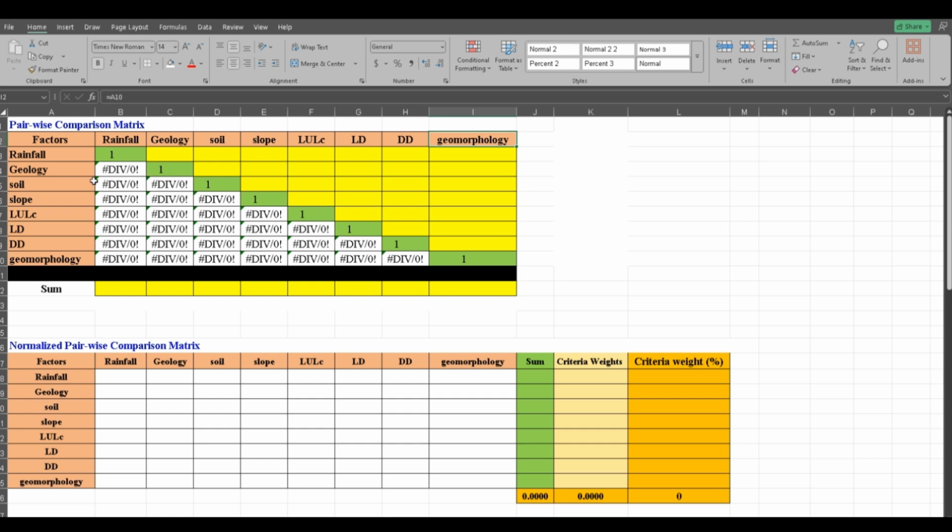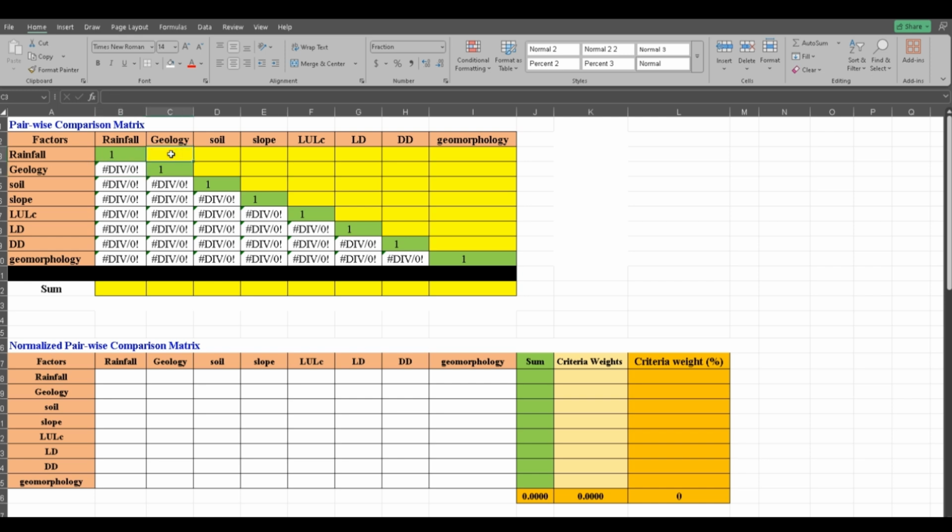But what you have to know here is we will only fill those cells which are shaded in yellow, while those cells which are shaded in white are filled automatically. The value of this cell is the reciprocal of the value of this cell.